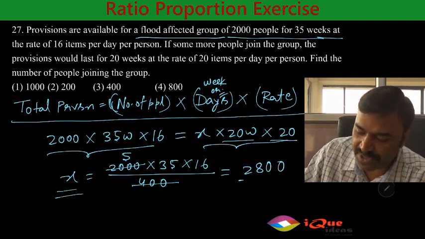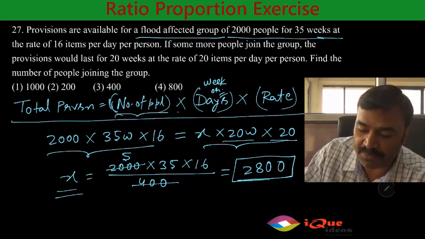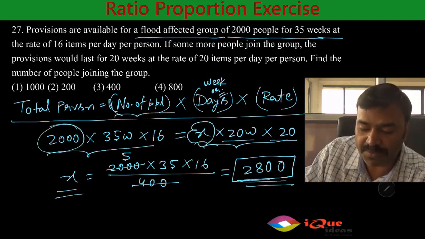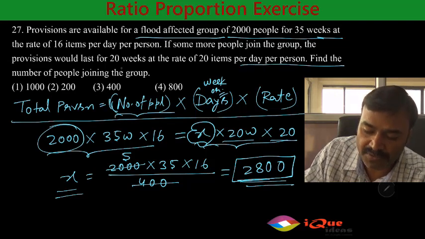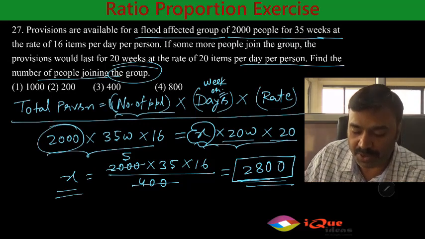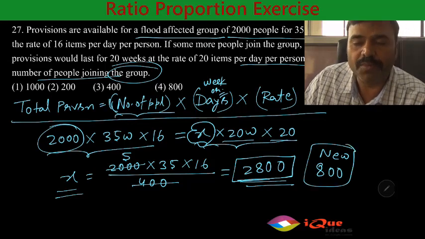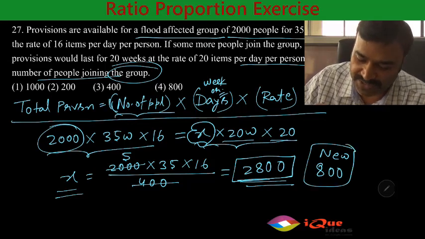So the value of X is 2800. That means the number of people in the second case is 2800. Earlier there were 2000 people. So what is the number of extra people? Find the number of people joining the group. That is clearly 800. This is the new number of people who have joined the group. Okay, so the answer is the fourth option.